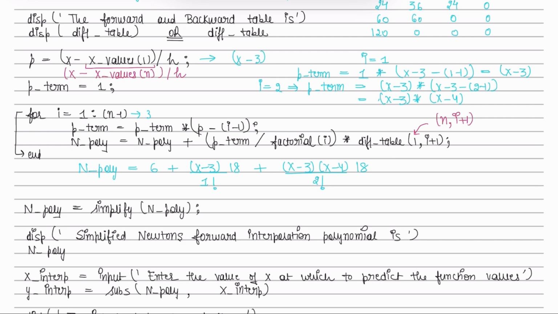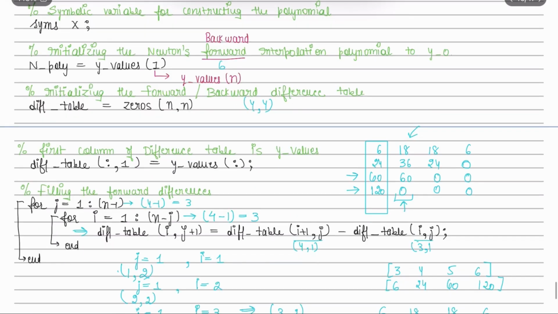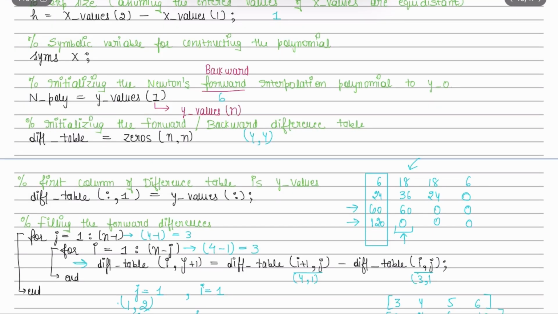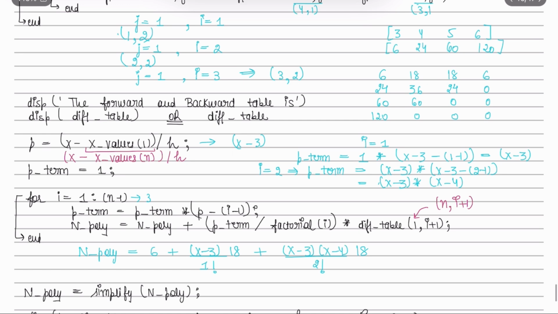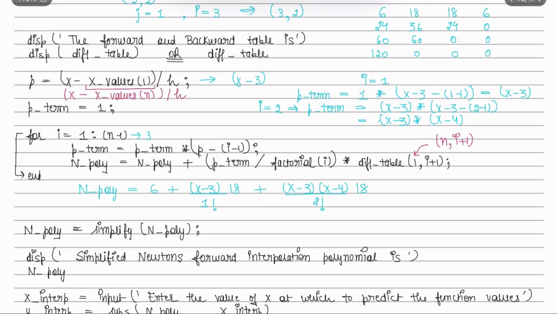Rest everything will be the same. We just have to update L polynomial, p values and the final difference table index value, and this whole code will change into Newton's backward interpolation formula.